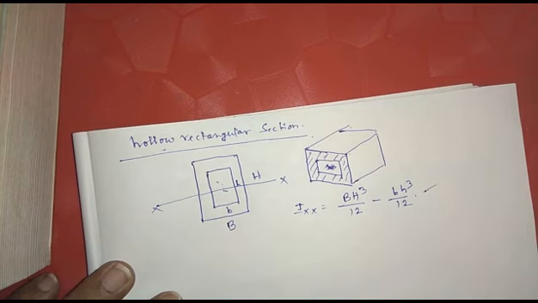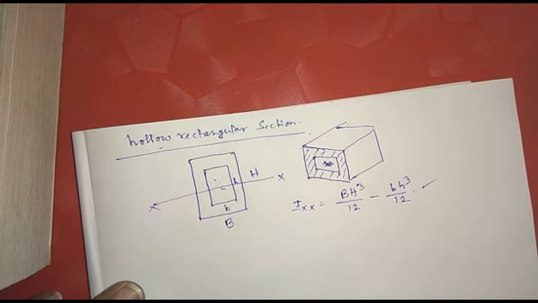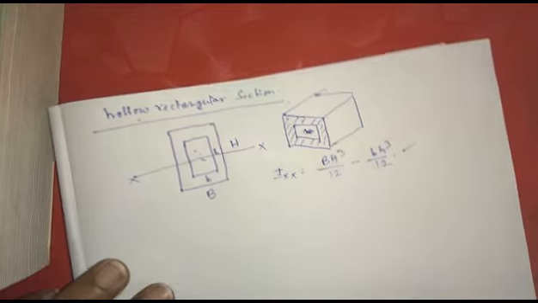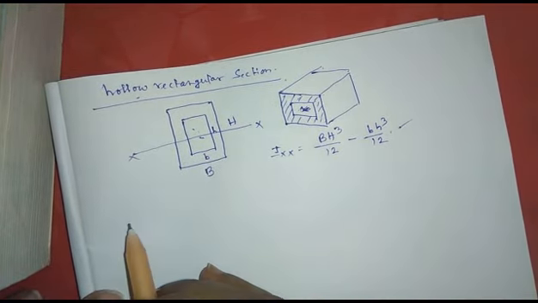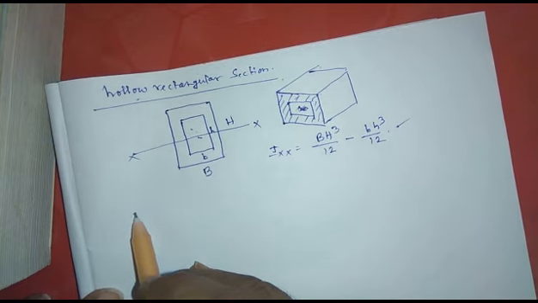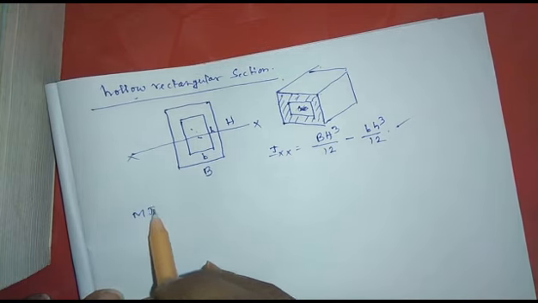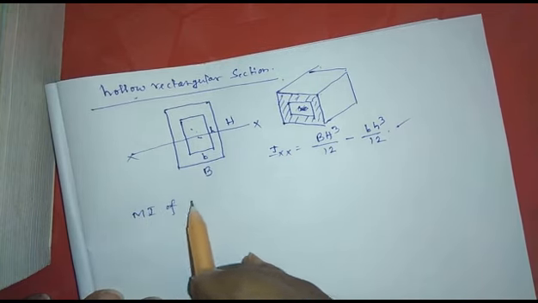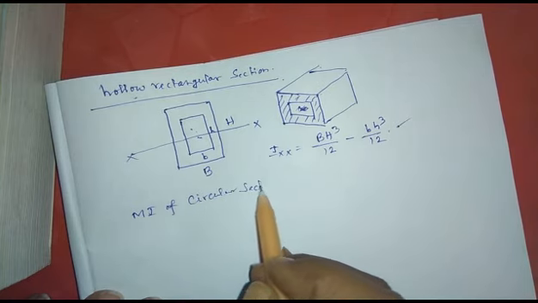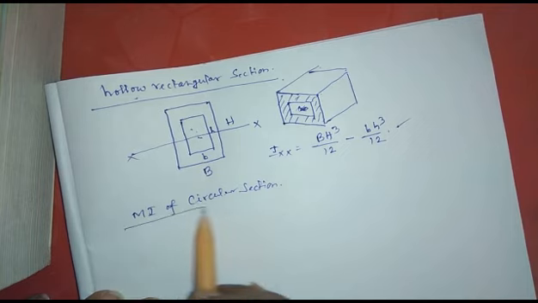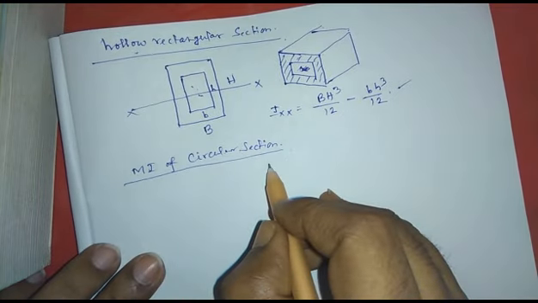So this will be this one. Now all these were in Cartesian coordinates. So now we will develop the moment of inertia of a circular section. That is our circle.